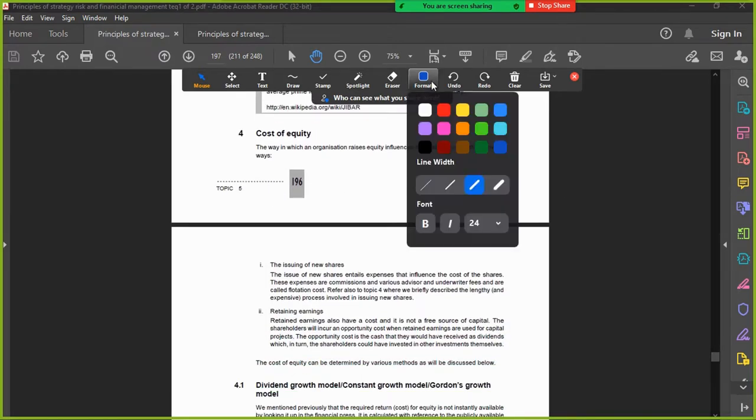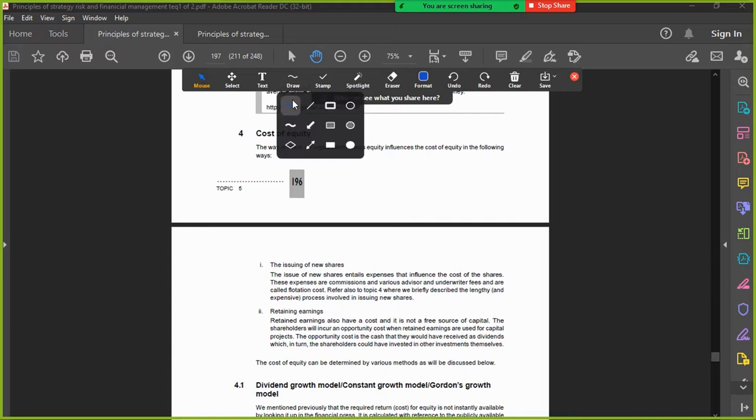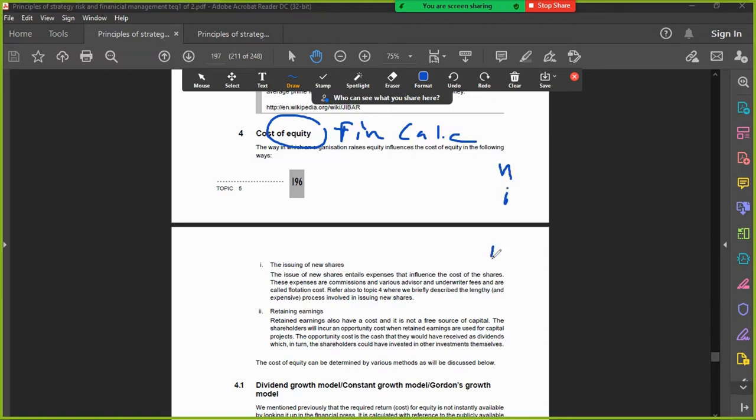Cost of equity is also a calculation on the financial calculator. We spoke about it earlier: N, I, PMT, FV, PV. This is what you're going to be looking for. Normally you'll work out one of them, and they'll give you all the other ones.